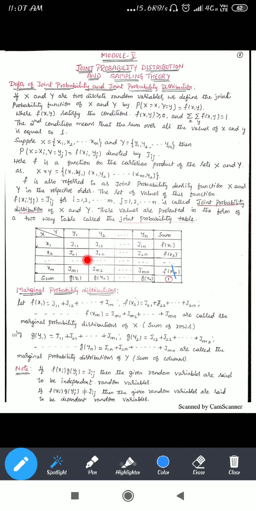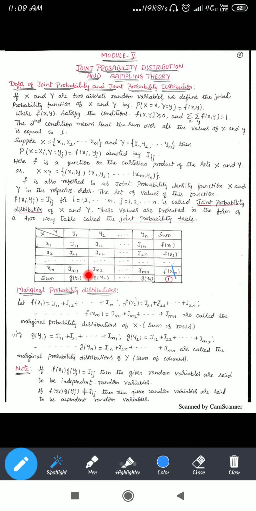It means if you multiply x1 y1, you should get j11. So x1 y2, you should get j12, that is f of x1 and g of y2, you should get j12. So these are some conditions. The main thing is you should understand the concept properly. When I explain the problems, you'll get to know how it came.